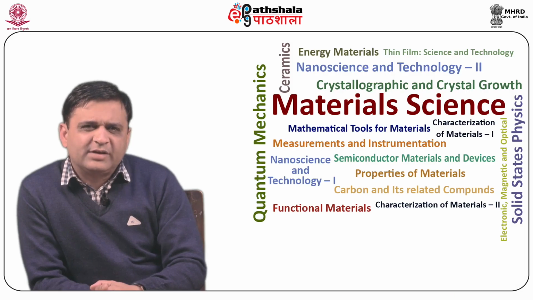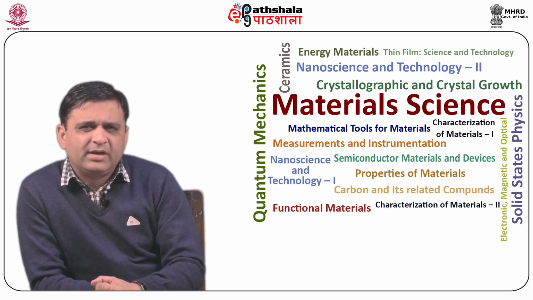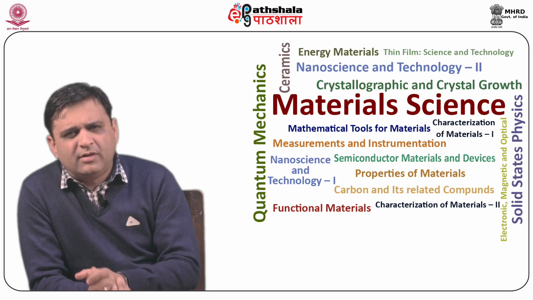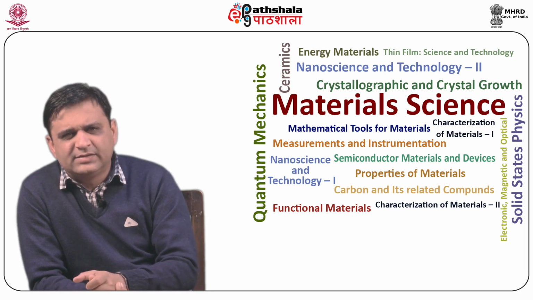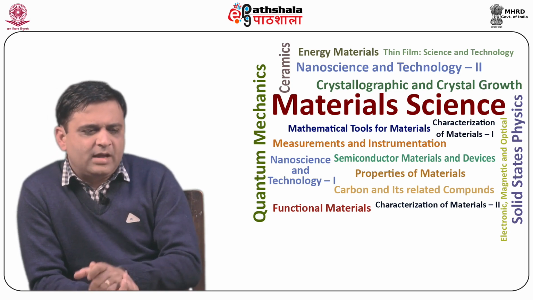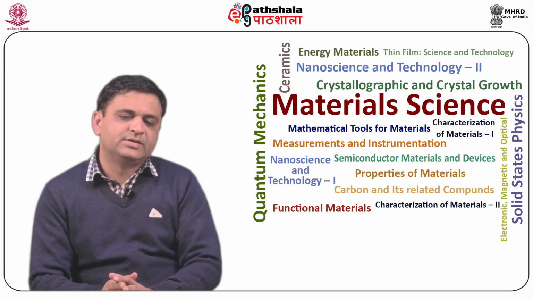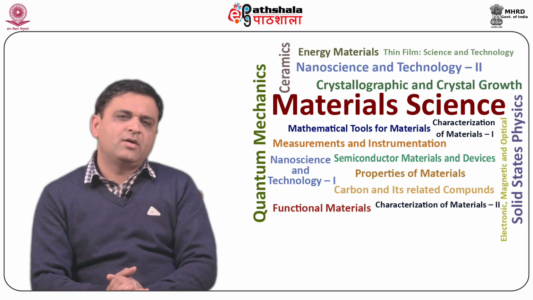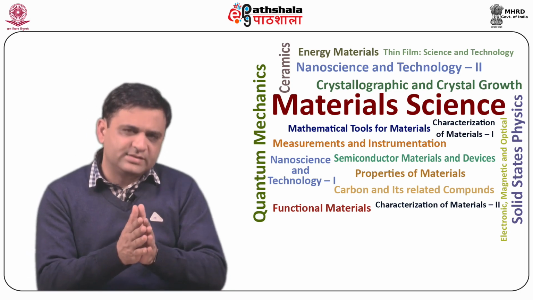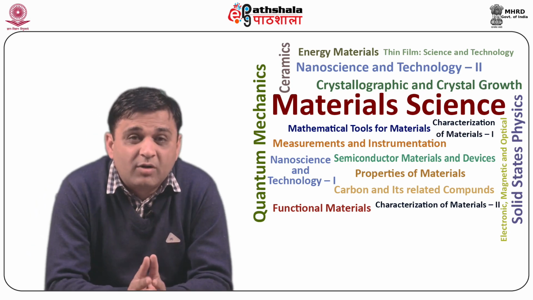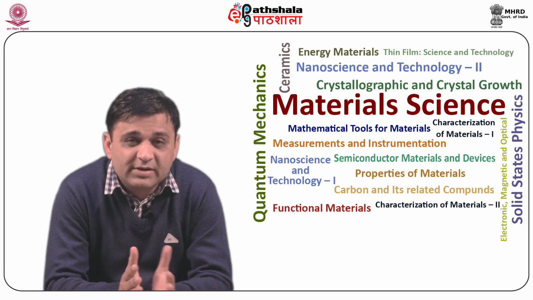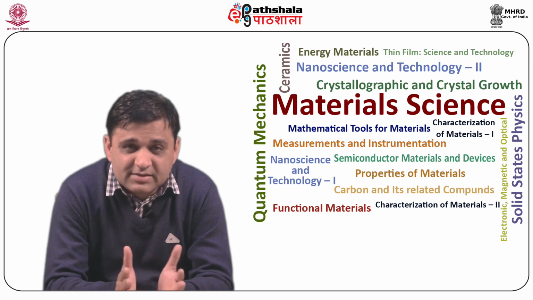Let me give you an introduction to these techniques. In the laboratory, when we come with a certain specimen, first of all we do not know whether it is crystalline, amorphous, polycrystalline or a single crystal.